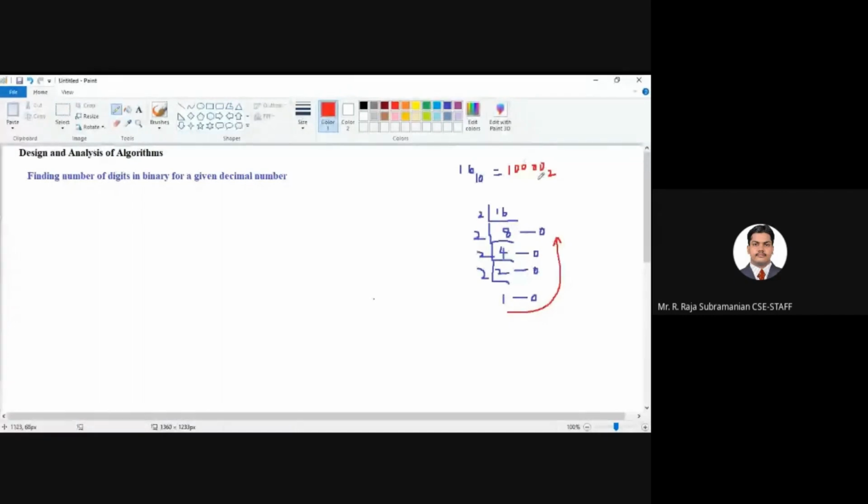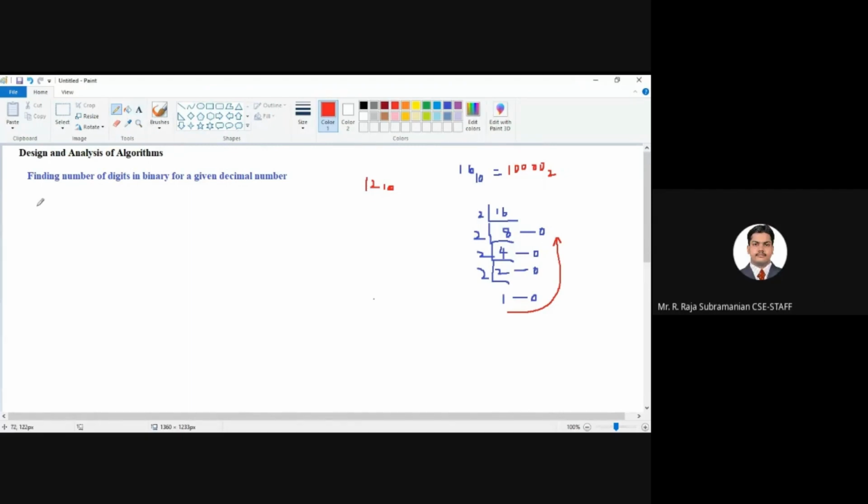So if I give the number 16, it should give me the output 5. Similarly, if I give the number 12, how many digits will there be in binary? 4. So we need to solve this problem.